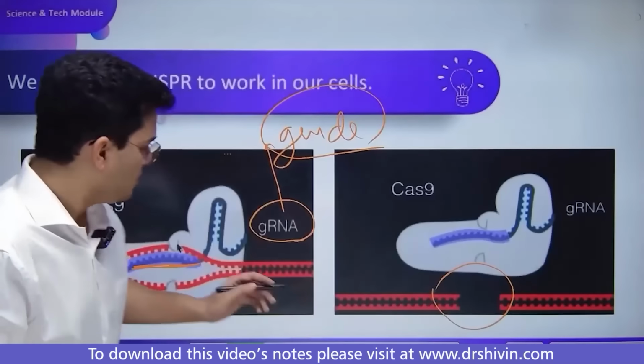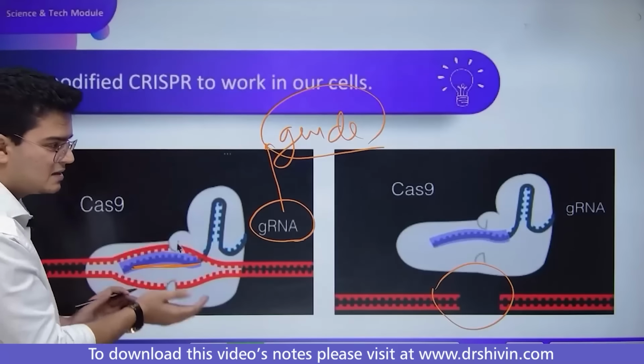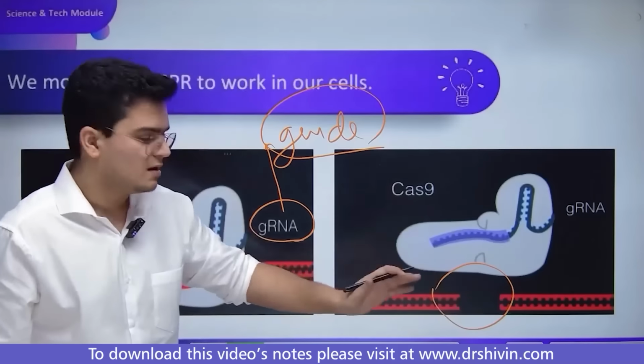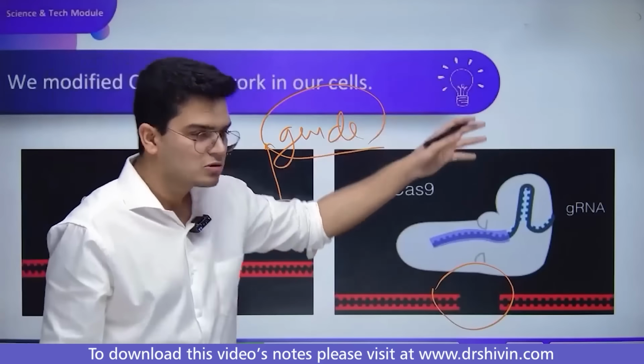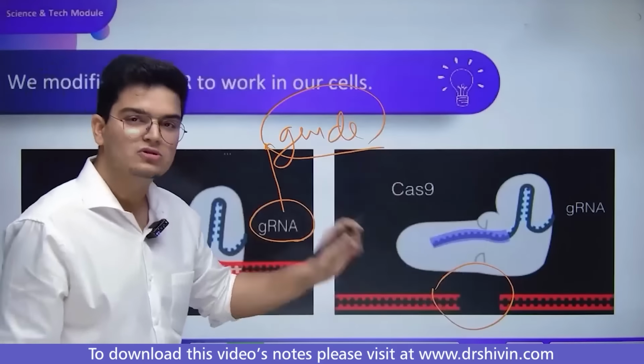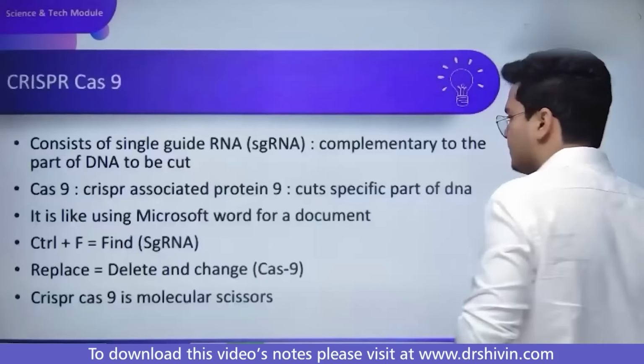So the first job is to open the DNA. Second job is to let the guide RNA attach. And third job is to make the cut. Now I can either let the normal repair happen, or I can introduce a foreign gene, or I can introduce a repair template which is not a foreign gene. Okay.